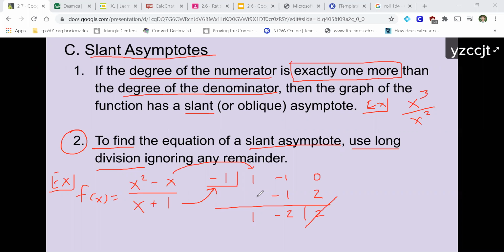And again, I don't care what the remainder is. It has no matter to me at all. What I care about is this. That is the equation of my slant asymptote. The slant asymptote is y equals 1x minus 2.